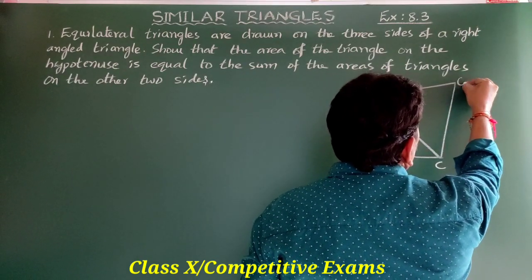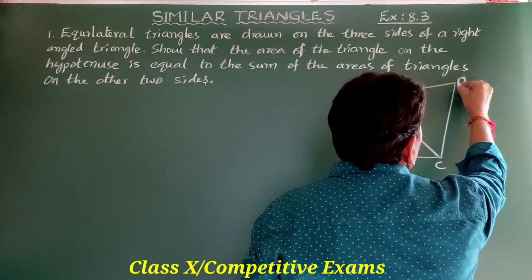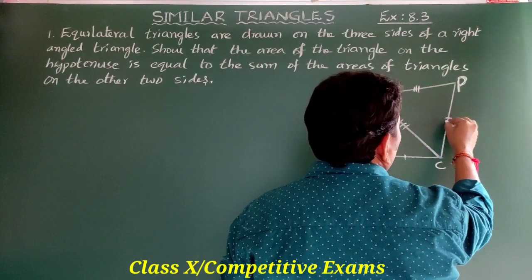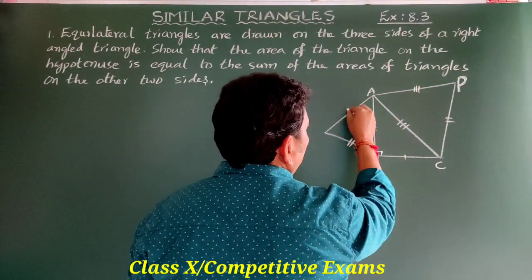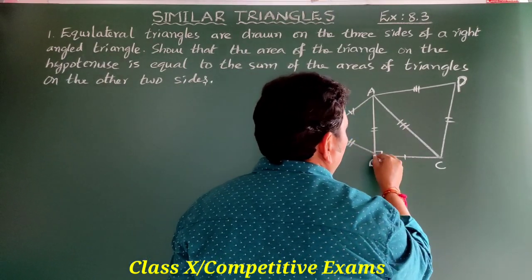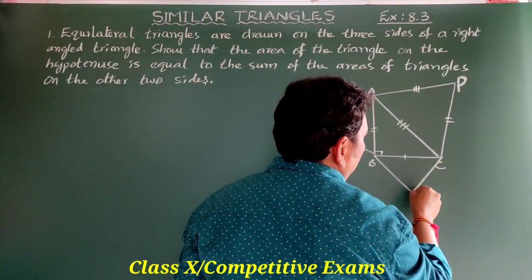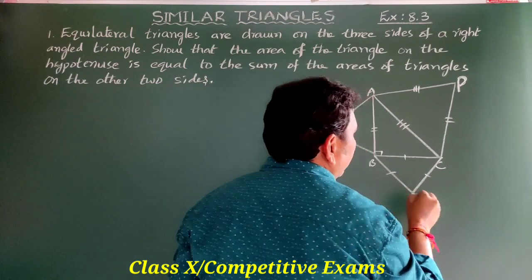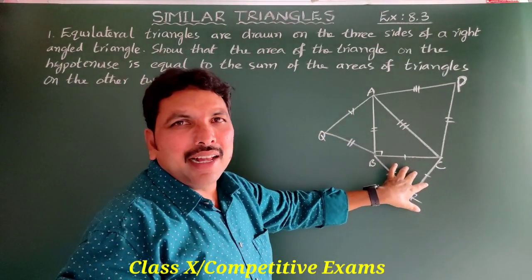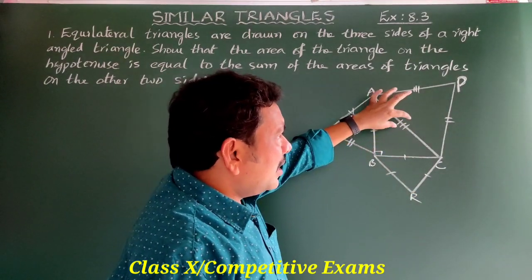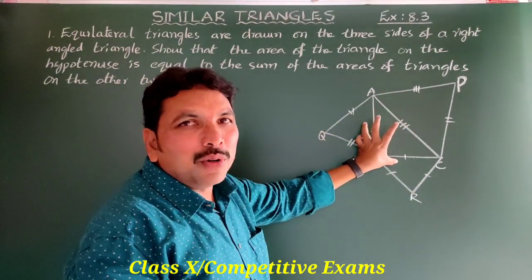Suppose this is P. Next, another triangle I have drawn. This is Q, and another triangle, this is R. So these three are equilateral triangles drawn on the hypotenuse and the other two sides.